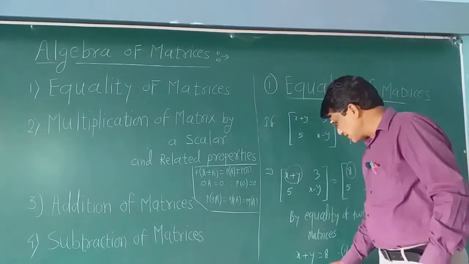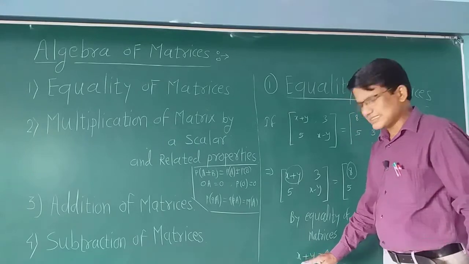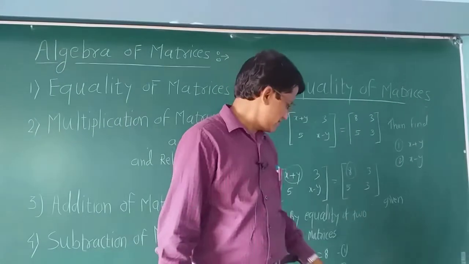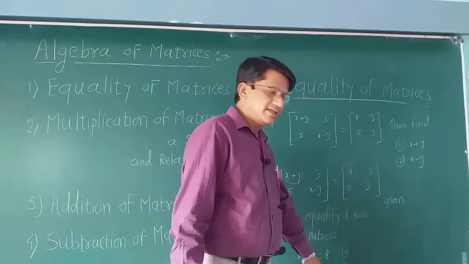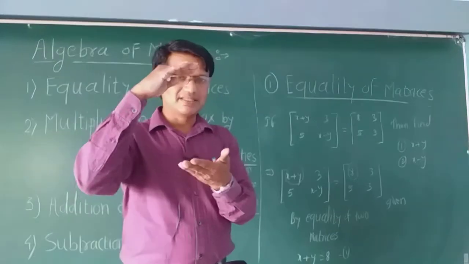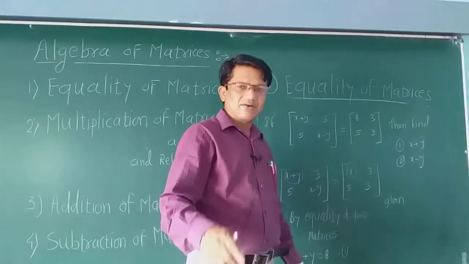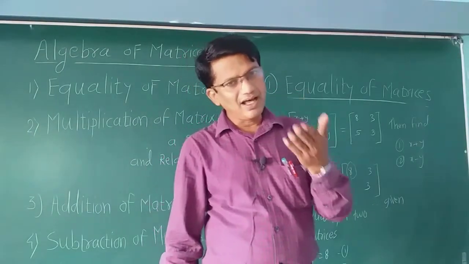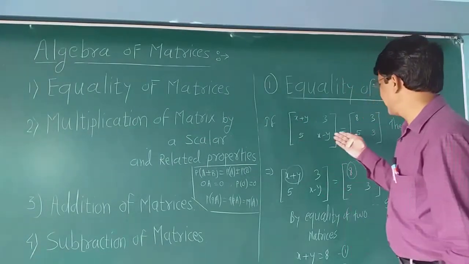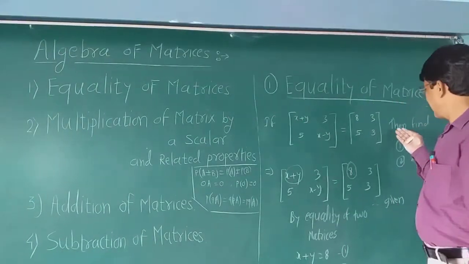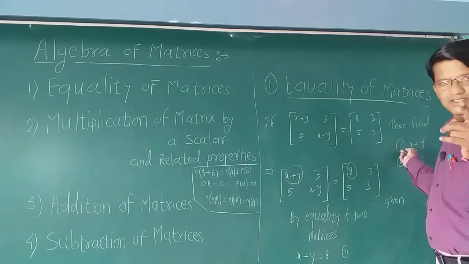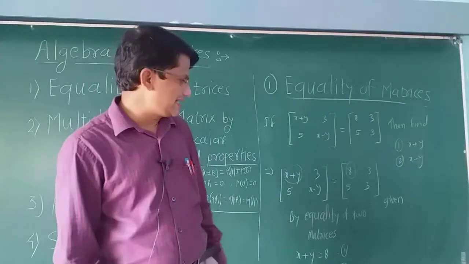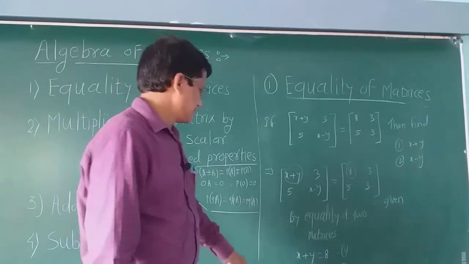By solving these two equations, x plus y equal to 8 and x minus y equal to 3, we can find the value of x and y algebraically. But in this example, we only find x plus y and x minus y. This is about equality of two matrices.